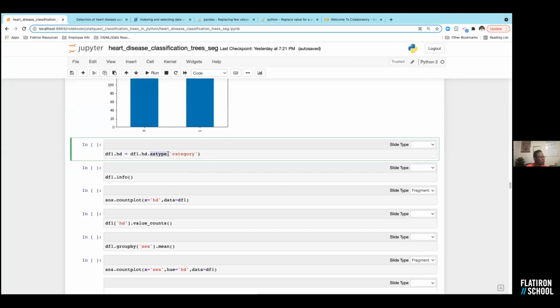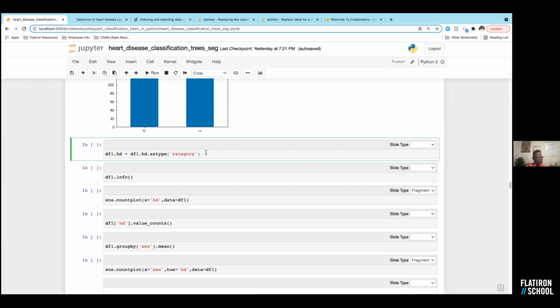This is the code you would use: astype. With this method, you can make all kinds of conversions. If it is categorical, you can convert it to numeric, and if it's numeric float, you can convert it to int, and all kinds of stuff.